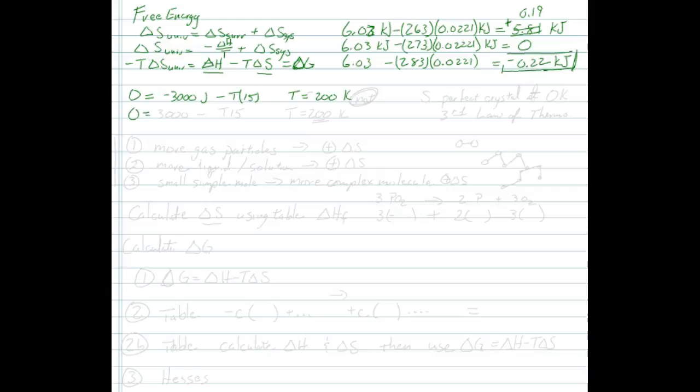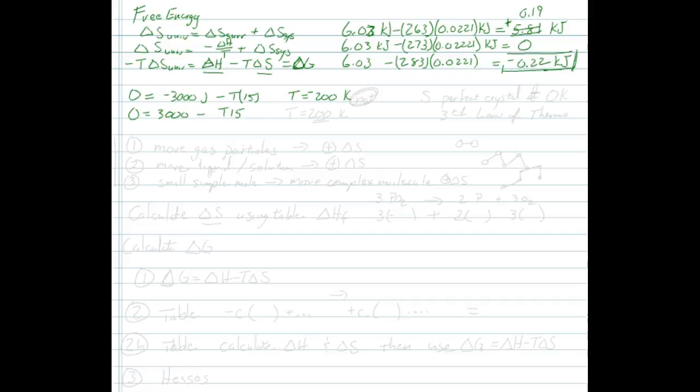Same situation here, except 3,000 joules minus T times 15. Here, the delta H is a positive number, so if you subtract, you're going to get a negative. I'm going to do this backwards. This is going to be actually negative 200 Kelvin.